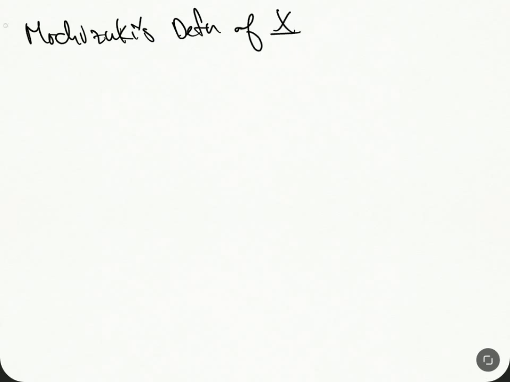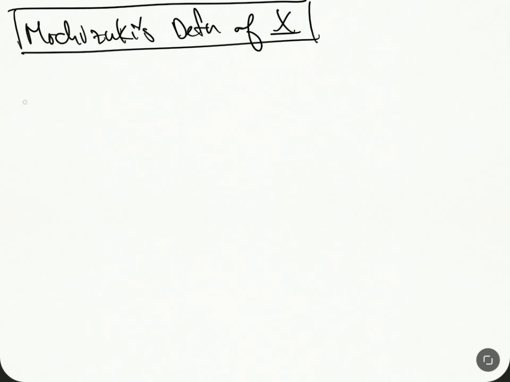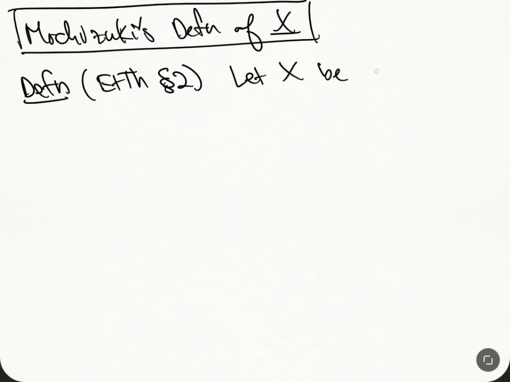Mochizuki's definition of this X underline, for X a punctured elliptic curve. So the definition, according to Mochizuki, is in Étale Theta, section 2. Let X be a punctured elliptic curve satisfying our hypotheses.